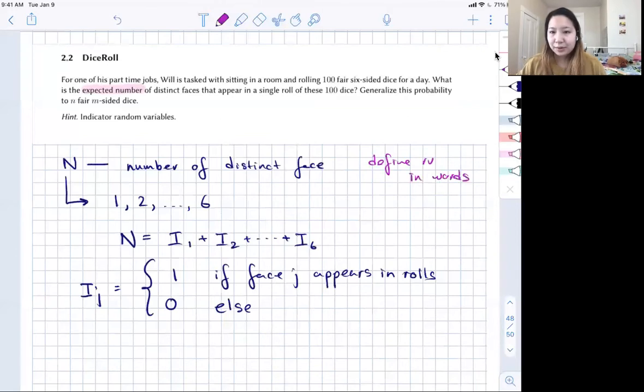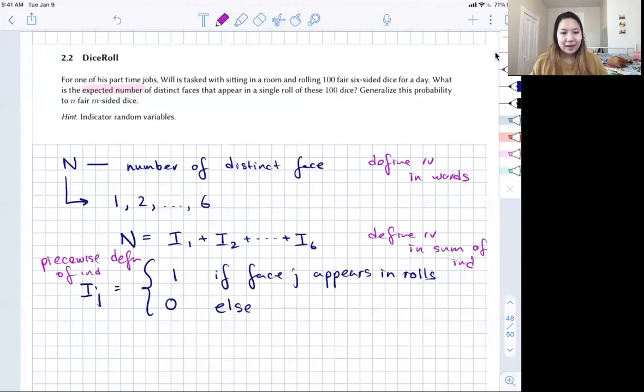And then I will define the random variable as a sum of indicators. And then I do a piecewise definition of the indicator. And yeah, this gives me a sort of framework to do any of these problems.